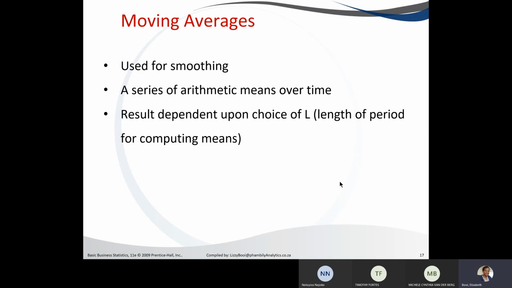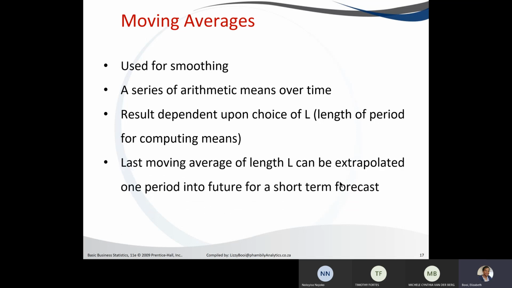And the results will depend upon the length of period for computing the mean that we're going to create. And then with that length of time, we're going to take it and extrapolate it one period into the future so that we are able to create that forecasting.